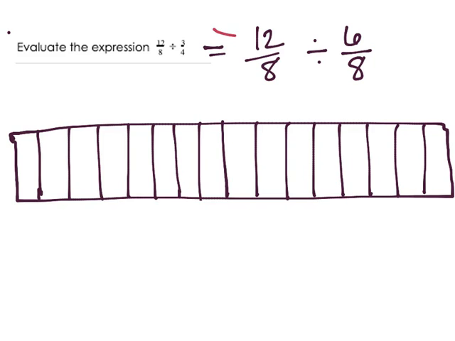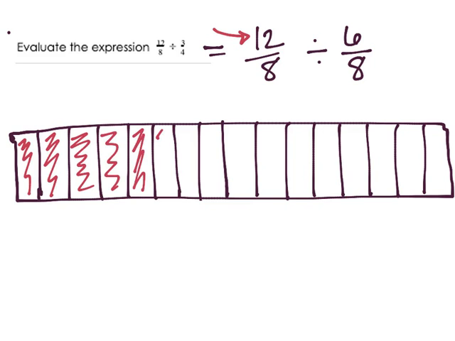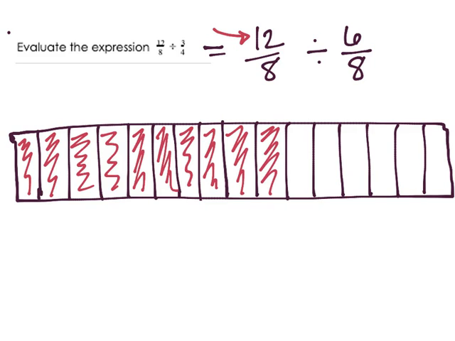I want to represent my dividend first. So I look to the numerator of my dividend, which is 12. I'm going to represent that by shading that amount of boxes: 1, 2, 3, 4, 5, 6, 7, 8, 9, 10, 11, 12.